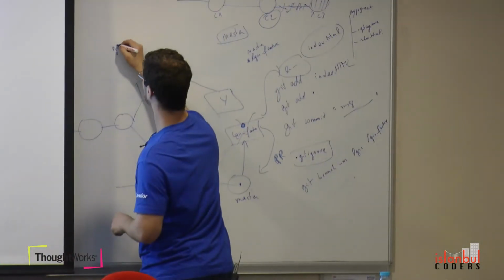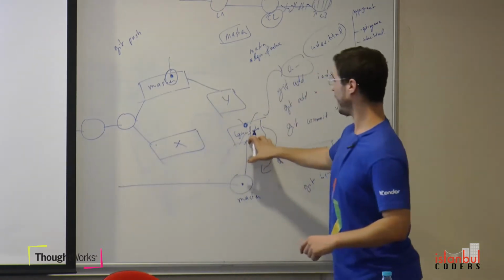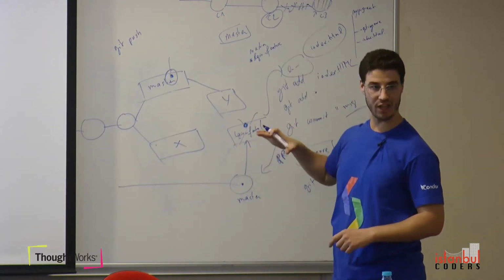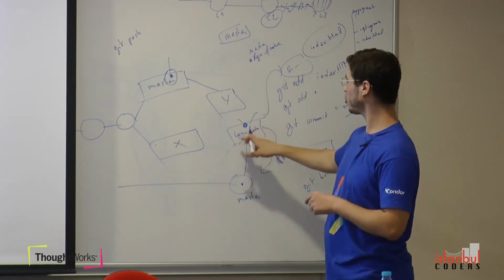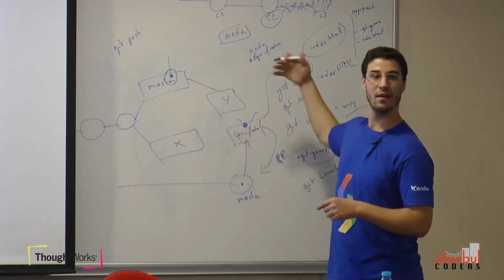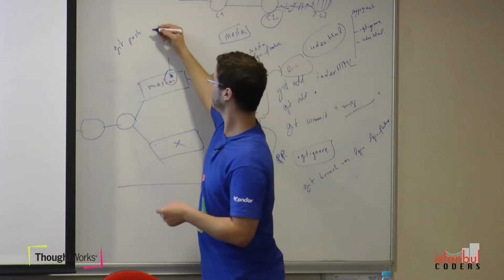For example, in this case, I have a login feature that is working correctly on my local machine, and I want to push the same branch to my upstream, to my remote. What do I use? git push.